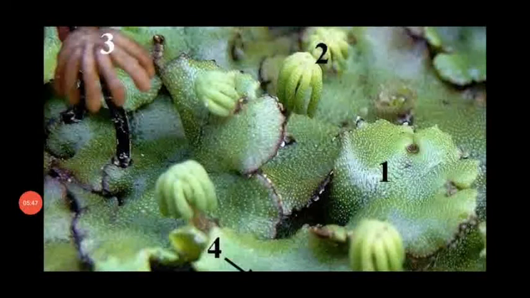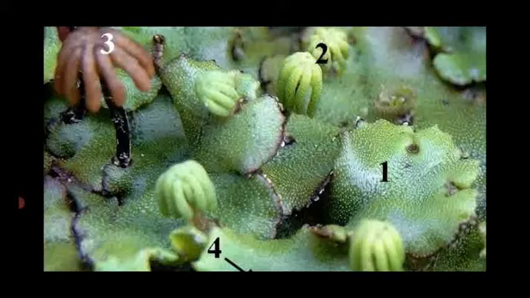Dear students, this is another bryophytic plant named Anthoceros. The plant body is also ribbon-like, flattened, dichotomously branching, with a small umbrella-shaped structure arising from the filament, known as antheridiophore.